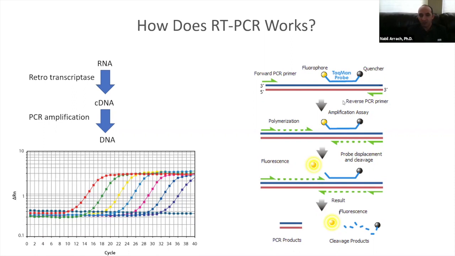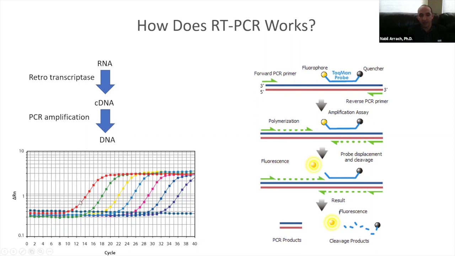If you look at this figure here at the lower corner, the x-axis represents the number of cycles. You have 0, 2, 4, 6 cycles all the way to 40 cycles. Those are cycles of amplification. And on the y-axis, you see the increase in concentration of the DNA.